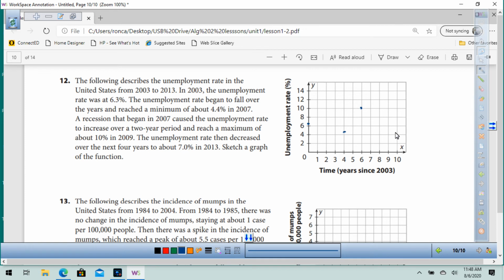So that would be 10, and that's 6. 7 is about in the middle there, and we'll sketch a graph. And there we go.